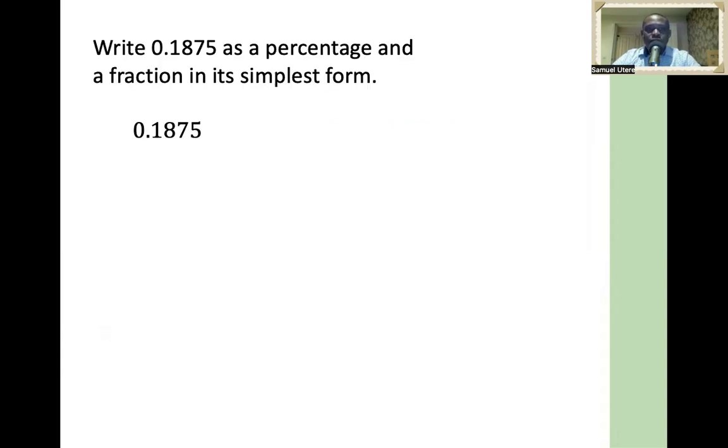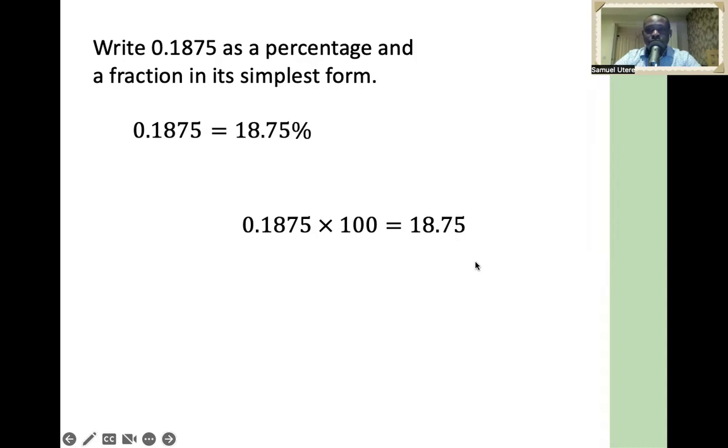What if you're asked, so here's another example, to write 0.1875 as a percentage and as a fraction in its simplest form? Well, remember that to convert from our previous lessons, so if you've not watched our lessons on working with simple percentage, fractions, and decimals, please go and watch that video. You can multiply the decimal by 100.